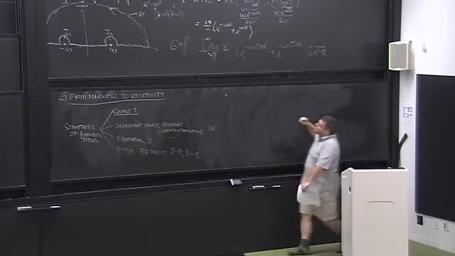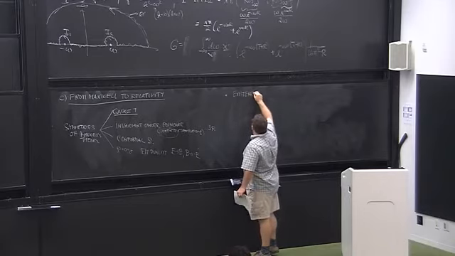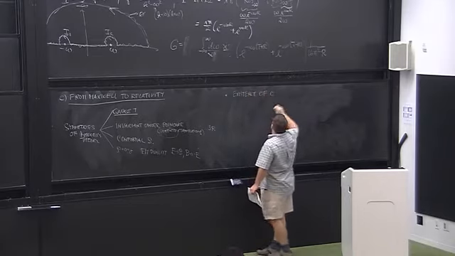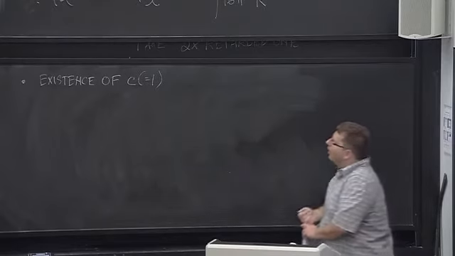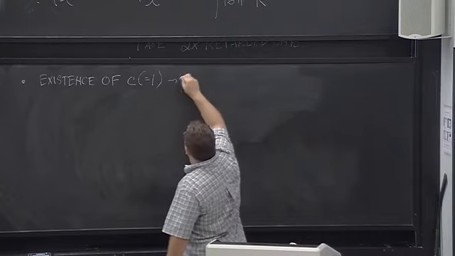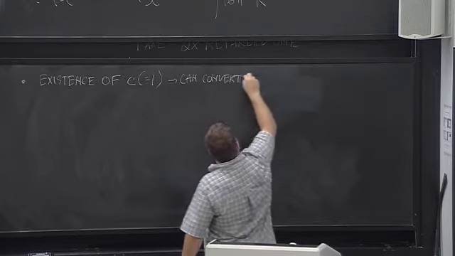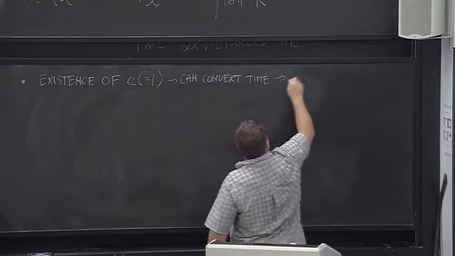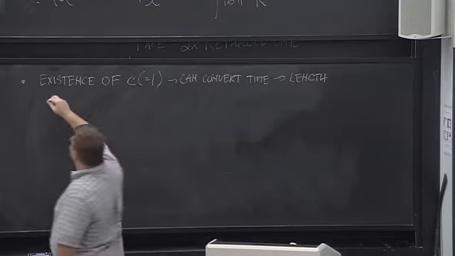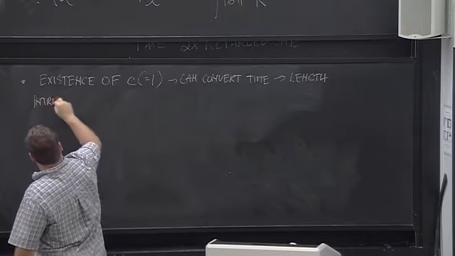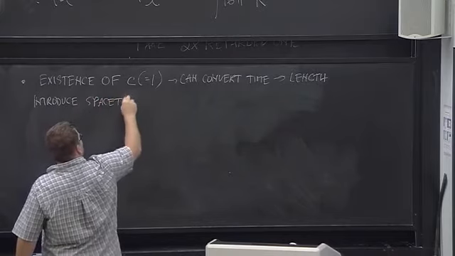The existence of c, which in our case is equal to 1, and so I will not really write it later on, means that we can convert time to length, and we can introduce space-time.